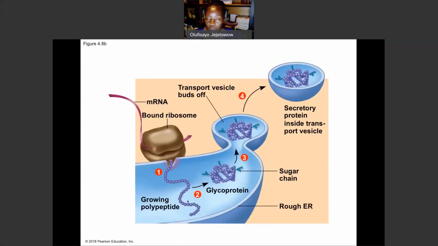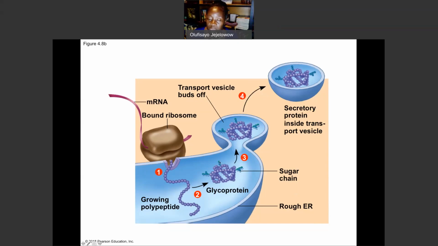So this is how the members of the endomembrane system interconnect. Proteins made in the ribosome, the polypeptide chain grows into the lumen of the endoplasmic reticulum. Inside the endoplasmic reticulum, the polypeptide chain is processed.